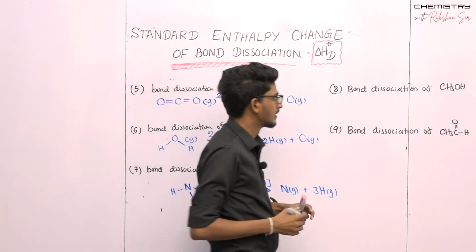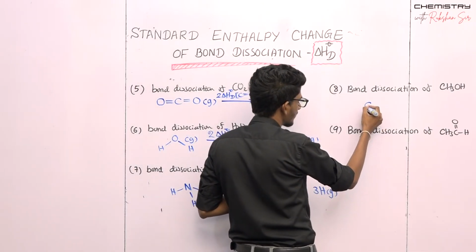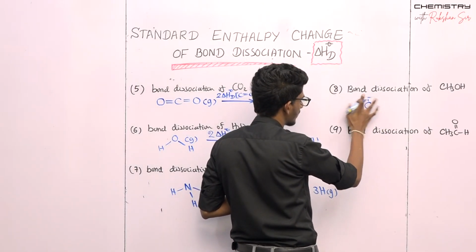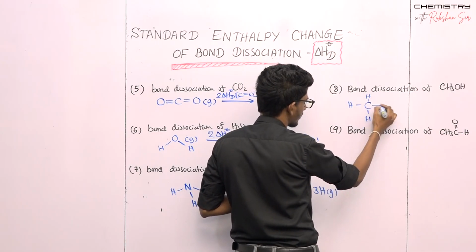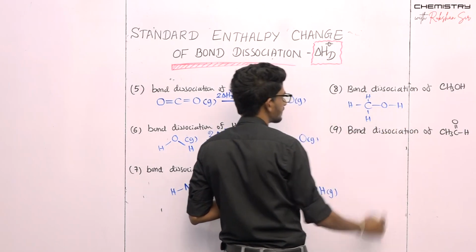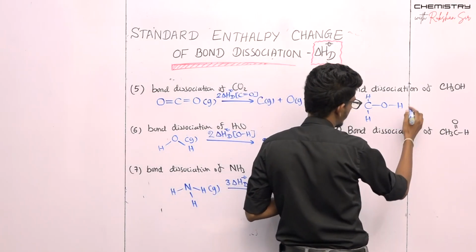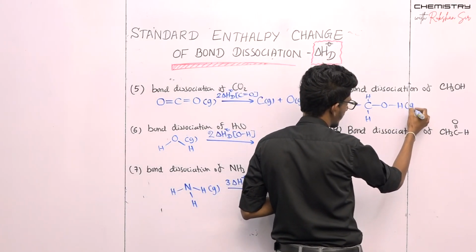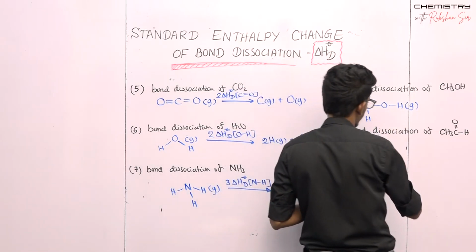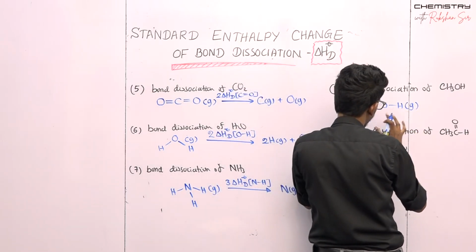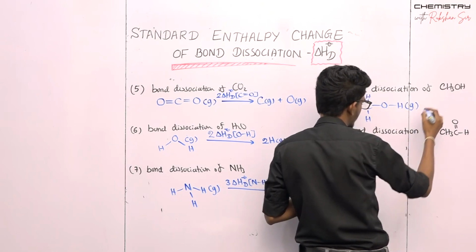Let's come up with this thing. CH3OH is this kind of a compound. So we have to come up with the gaseous form if you are considering bond dissociation. Gaseous bonds are broken, right? So the species should be in the gaseous state.